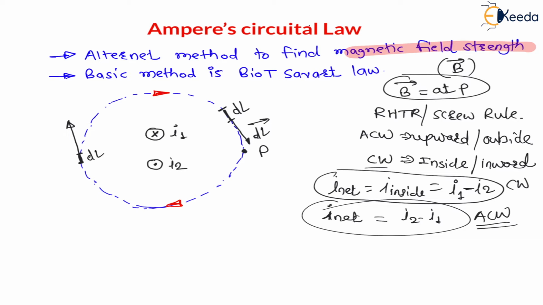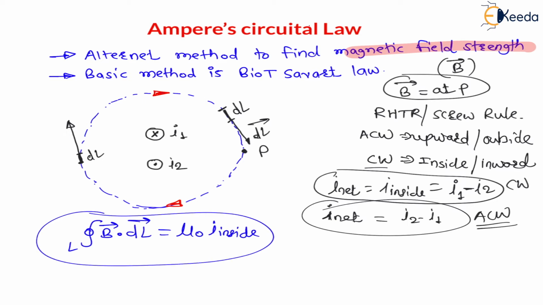Now my dear students, Ampere's Circuital Law says that the line integral of magnetic field for a closed loop is equal to mu naught I inside. Now let us understand what they are trying to tell you. It is a line integral for this Ampere's loop. This loop is called Ampere's loop.